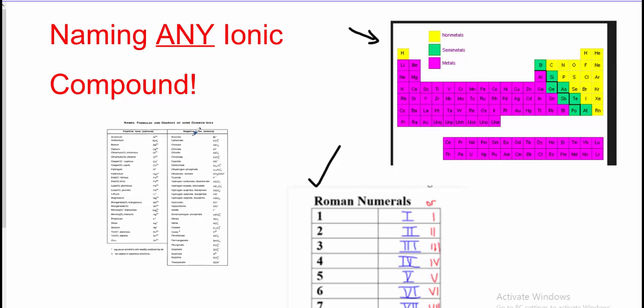And when you see a polyatomic ion, or you don't recognize the name of an element and you can't find it in your periodic table, remembering that you have this handy chart of ions, and on it you can find any of the polyatomic ion names and formulas that you need. So using these different resources, let's go ahead and just name some ionic compounds.